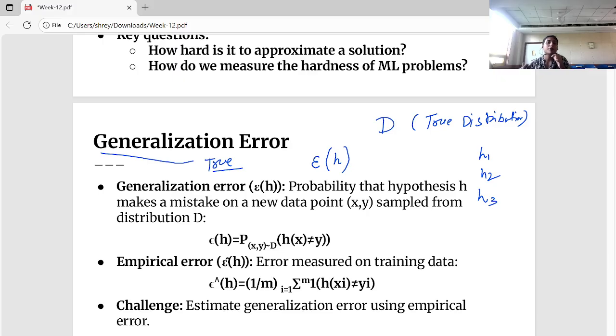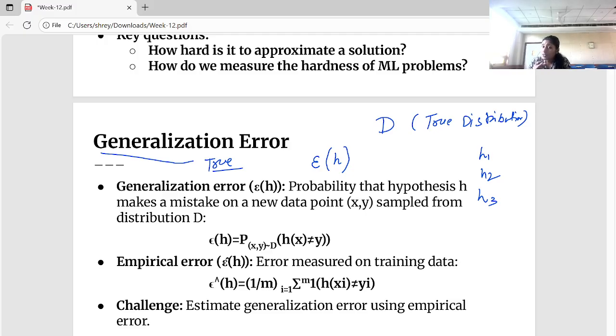That's why we say we have to choose the best hypothesis so that we can reach towards this distribution. Our main abstract goal is this. The ultimate goal of any machine learning algorithm is to choose that hypothesis which can lead towards the true distribution.